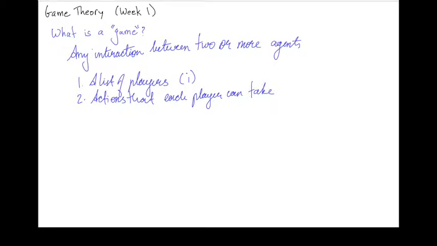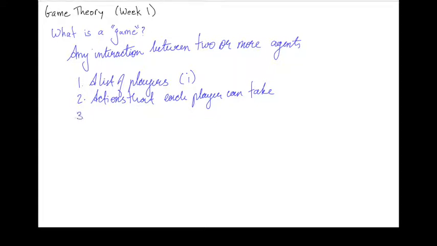So if you're thinking about, let's say, a game of chess, for example, the players would be the player who has the black pieces and the player who has the white pieces. There are various moves that each of these players could make, and those are the actions that they can take.